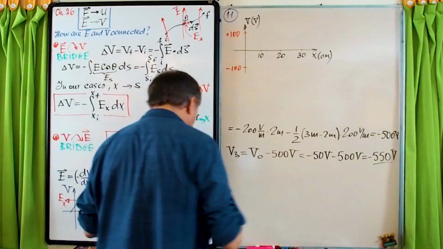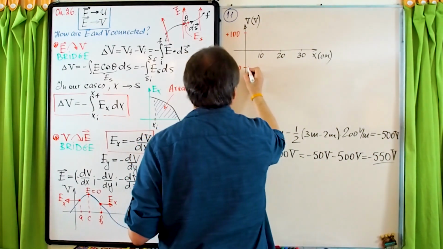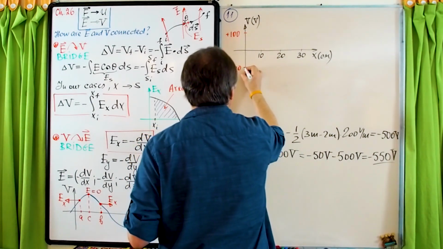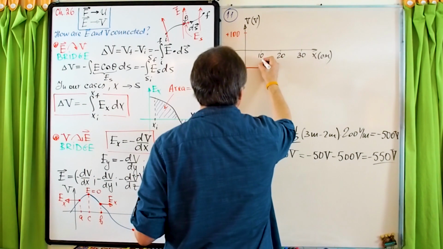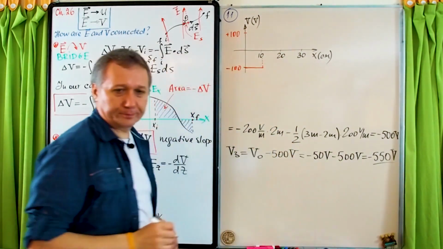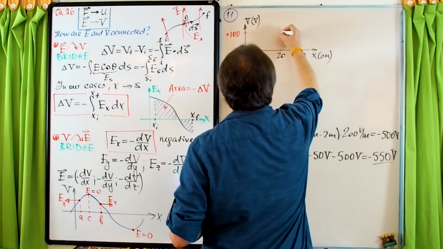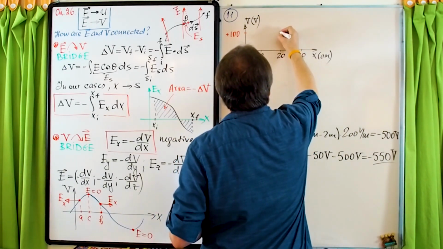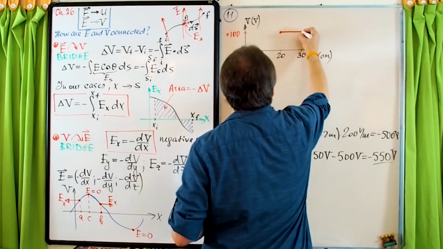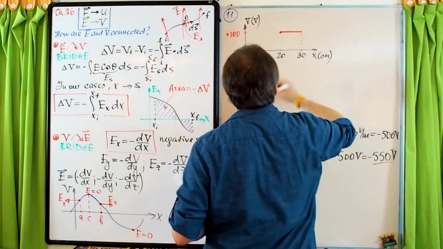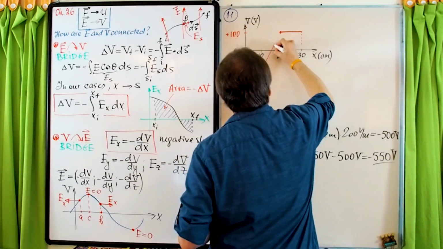And the plot itself: first, the electric potential stays constant up to this point. Then after 20, it again stays constant to point 30. And between them, we have a straight line.